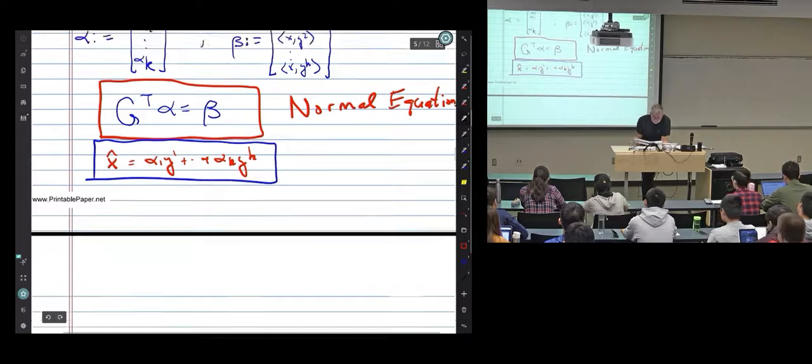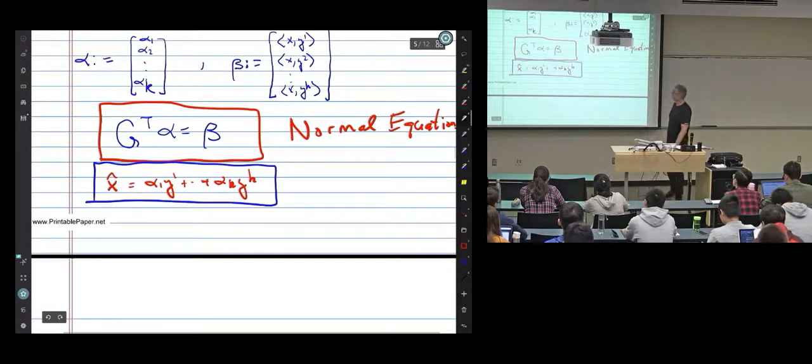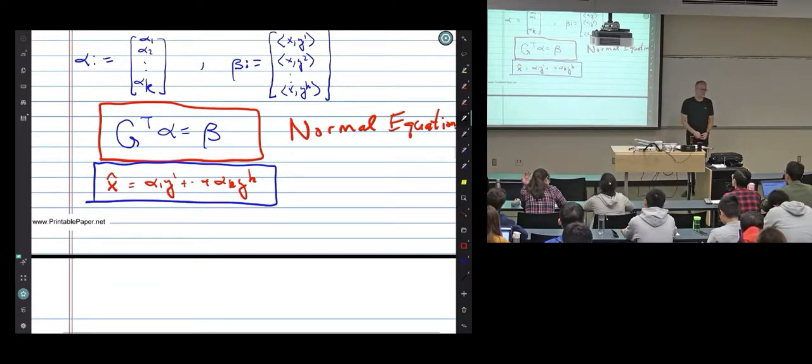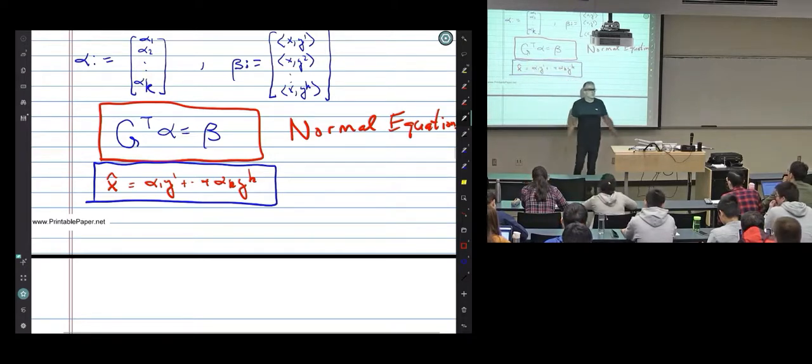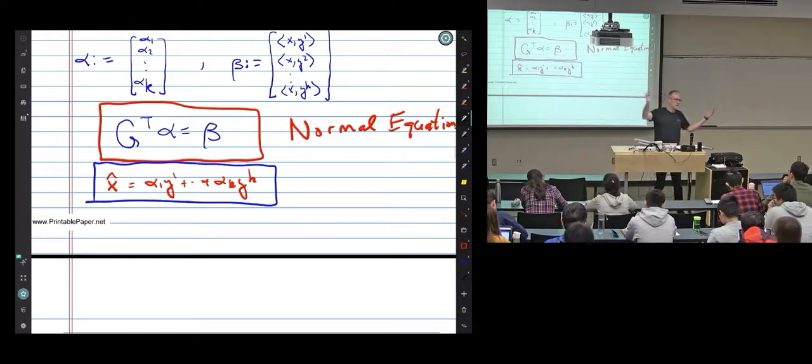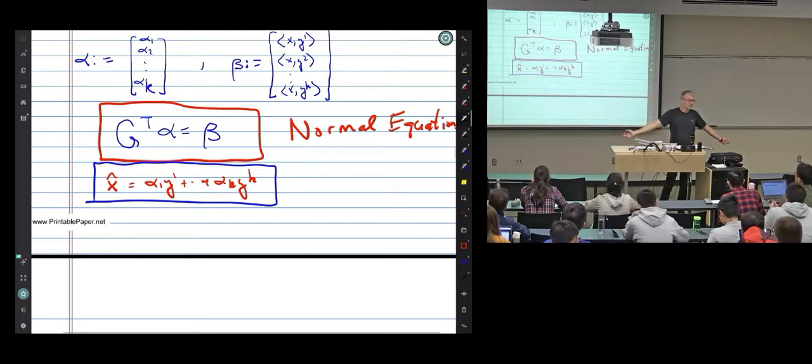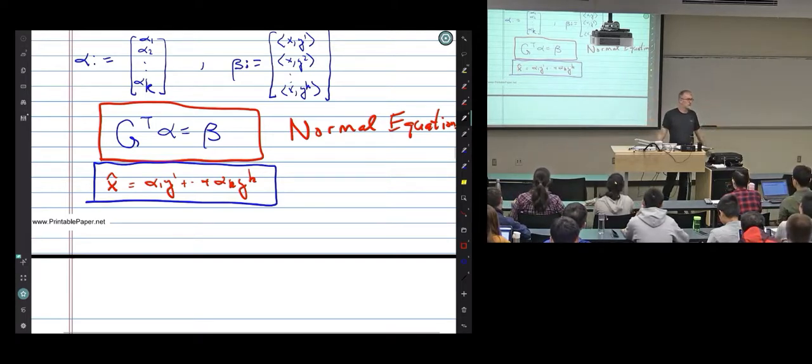Now, there's potentially one little problem we have to check. We want to solve G transpose alpha equals beta. This is just a k by k matrix, okay? What do we need to hold true for there to exist a solution? Invertibility would be really nice, right? Now, what do we know is true for this problem?